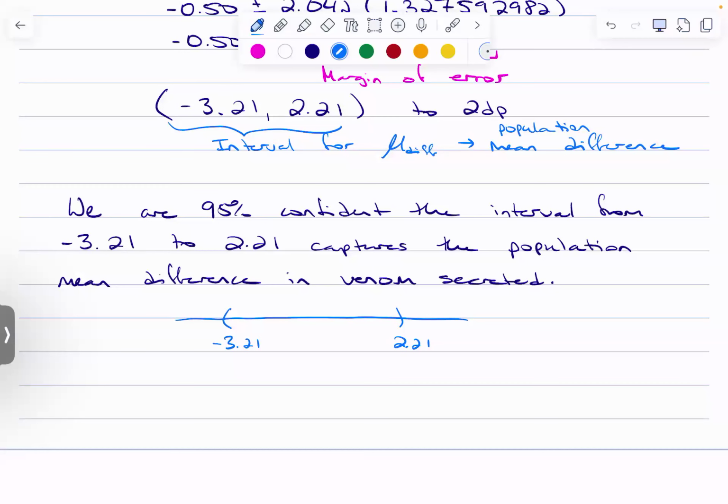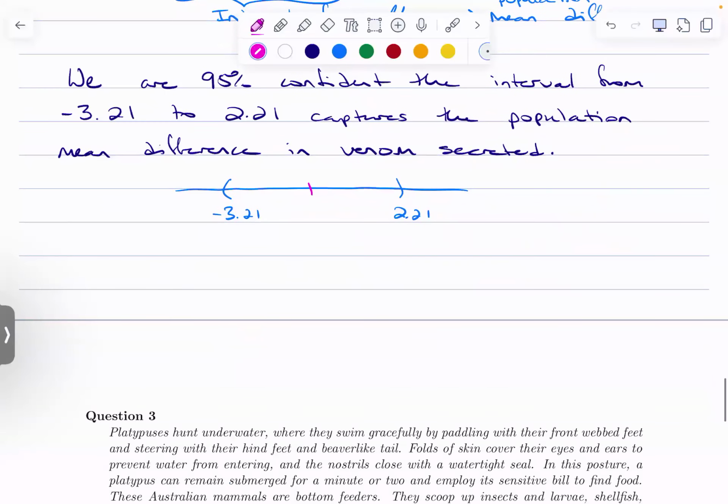The null hypothesized difference of 0 is in there. So I'm 95% confident that it's one of the plausible values for the population mean difference. So H naught, that mu diff is equal to 0, is one of those options, which means I do not have enough evidence to reject H naught.